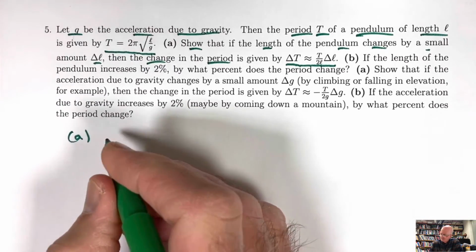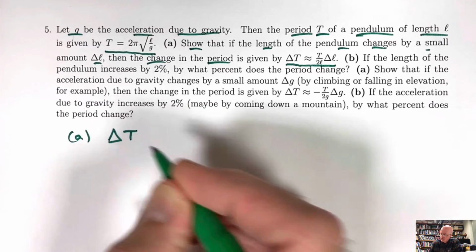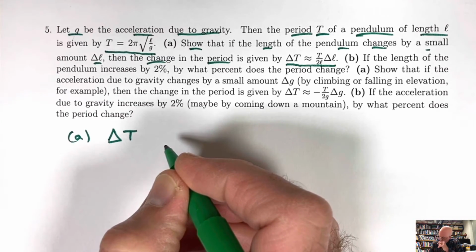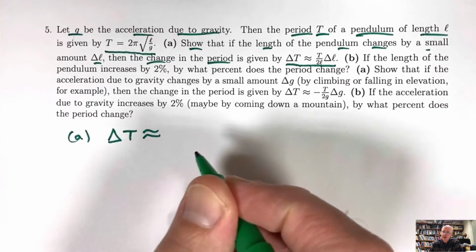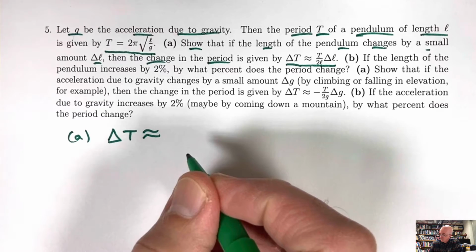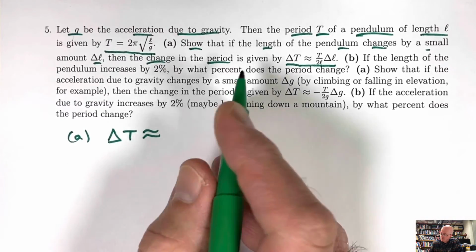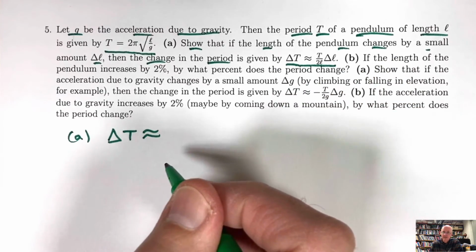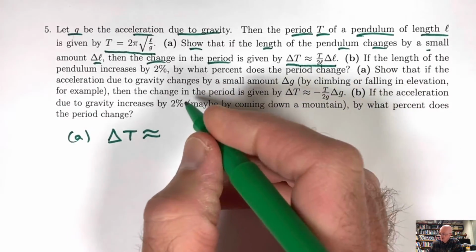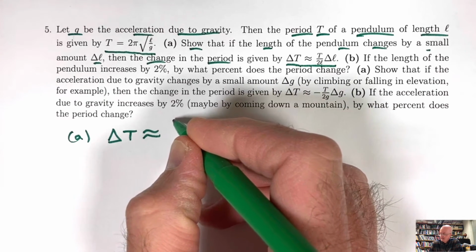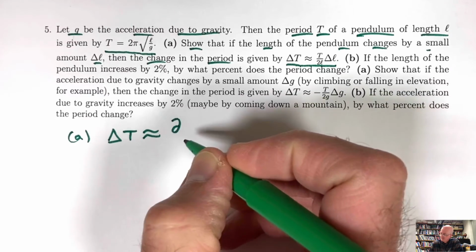What's the main idea? The main idea is that the change in the period, T represents the period, is approximated, for small changes in the length of the pendulum, by the rate of change, the derivative of T with respect to changes in the length, dT dL in Leibniz notation. I'm actually going to use a funny looking d, like this.